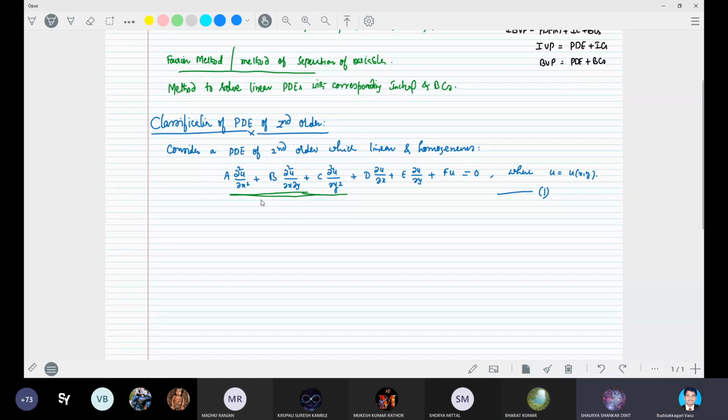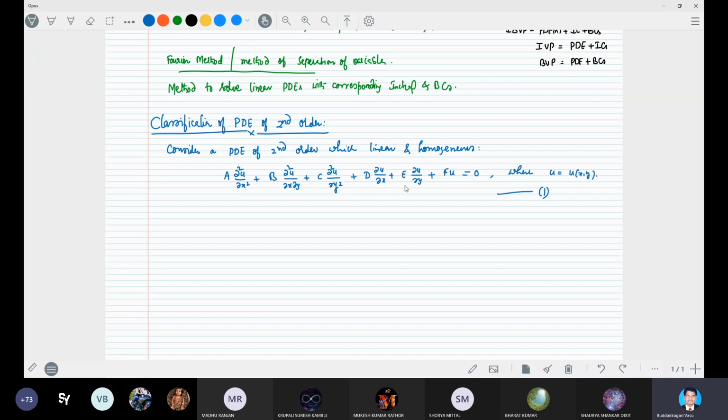Second order homogeneous means it has only second order derivatives. You see all the second order derivatives are having only one degree, so that it is linear, and all the second order derivatives are there.